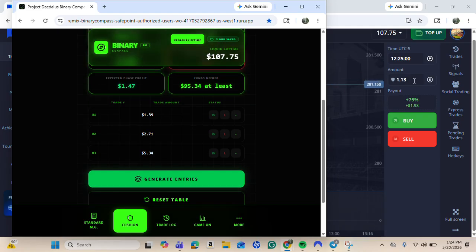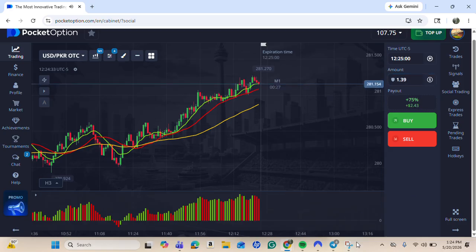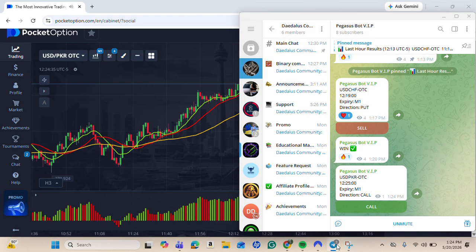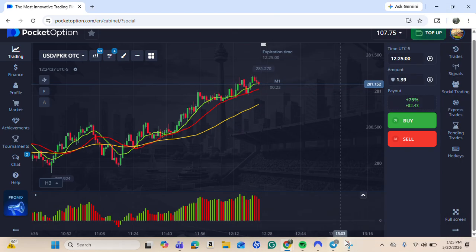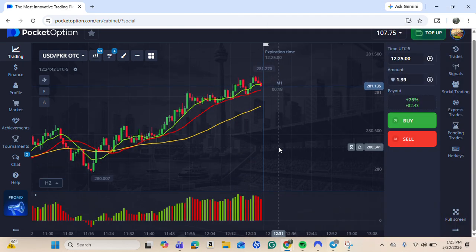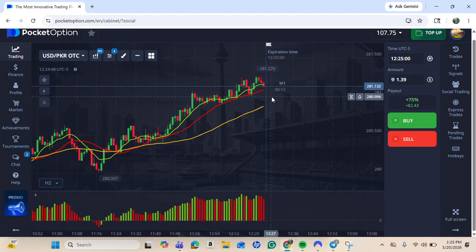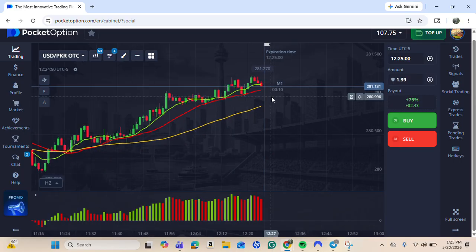Generate entry, so we're at 139 now. And then they say we're going to sell at 25. No, they say we're going to buy at 25. Another thing, it's supposed to come in, touch here, and go back up.